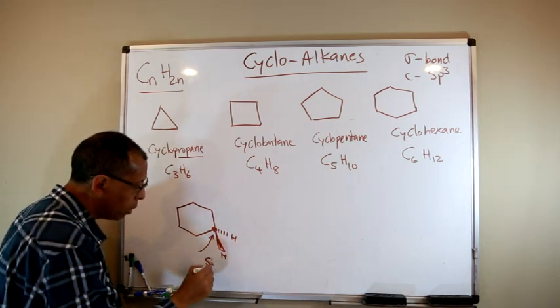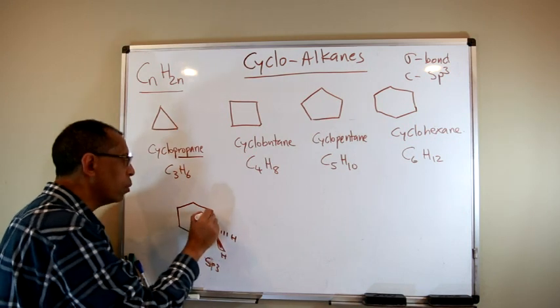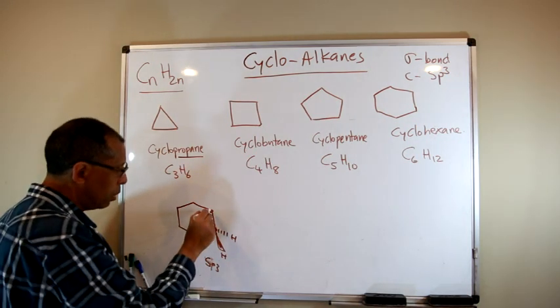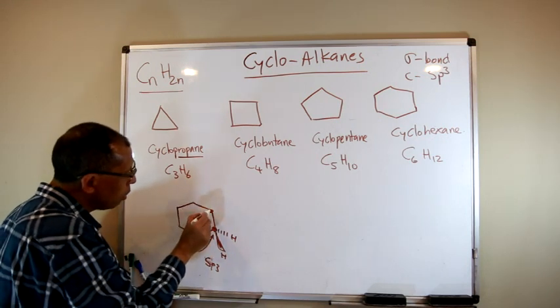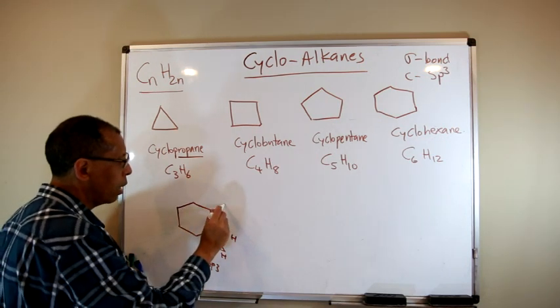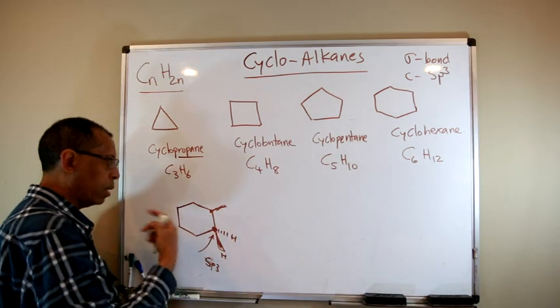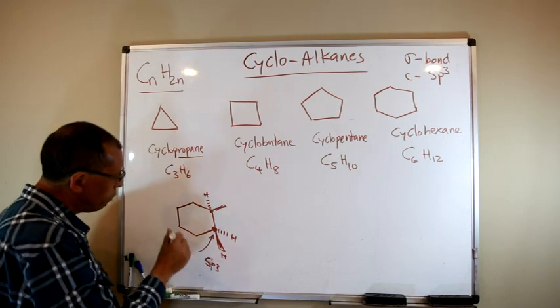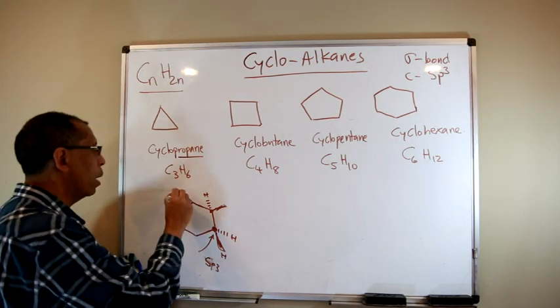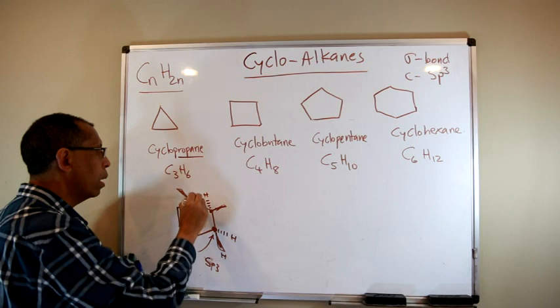All of the carbons would have the same thing. So this bond is on the plane of the board and that bond is on the plane of the board. So one hydrogen can come up towards us and one hydrogen would go in. So all of the structures look like one hydrogen out, one hydrogen in.